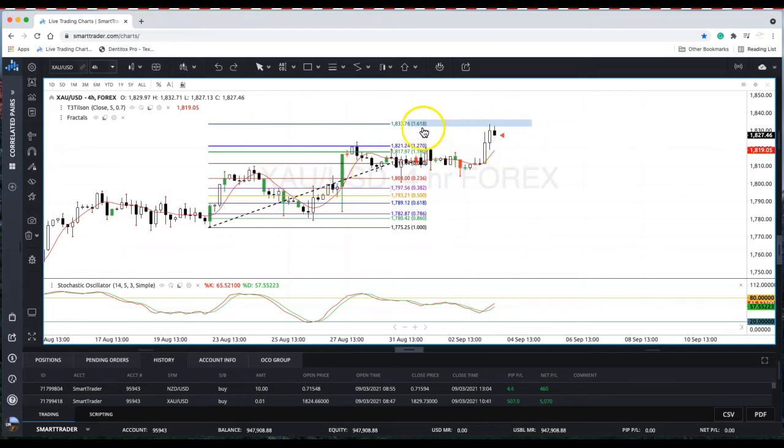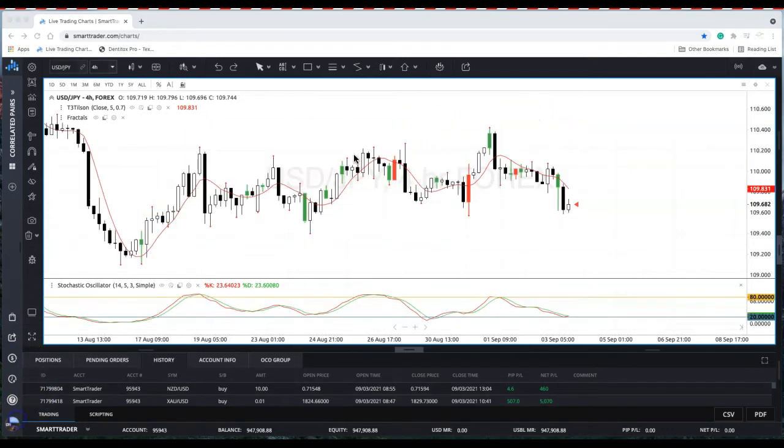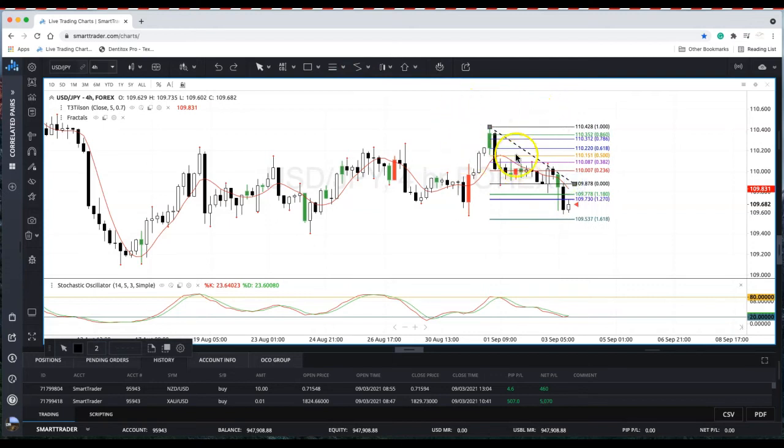We're in an uptrend, but this is the final A, B, C, D pattern, and then it's going to create another A, B, C, D pattern. On this chart, on USD yen, notice we have a fractal, a swing high, and a swing low. So if I take my Fibonacci tool and connect those swing points, price retraces up to 38%. That would be our sell target.